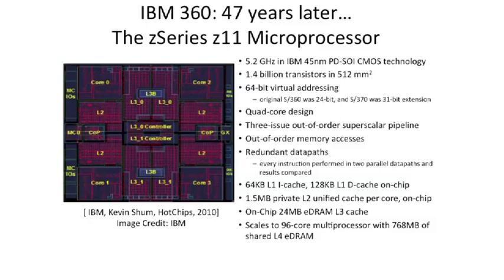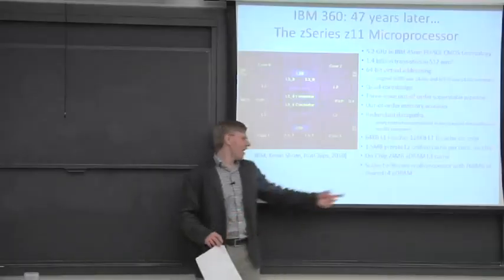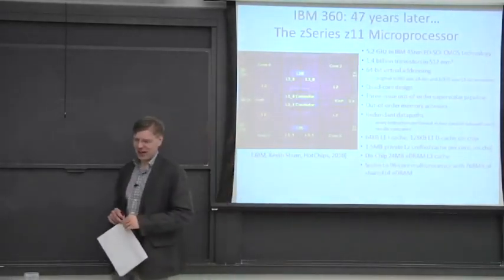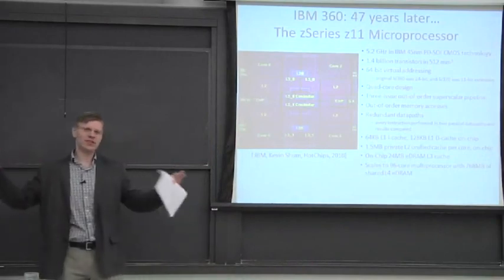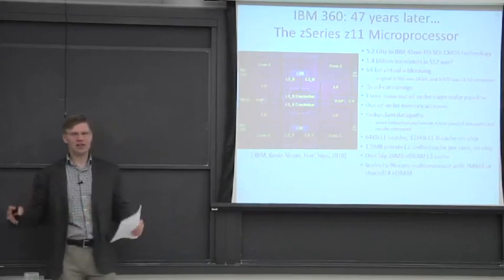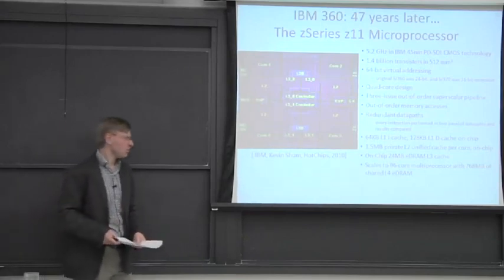It has 4 cores, out-of-order issue, an out-of-order memory system, big caches, 24 megabytes of on-chip L3 cache, and you can even put multiple of these together to build a multiprocessor system out of lots and lots of multicores.